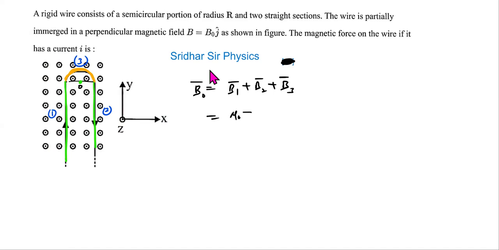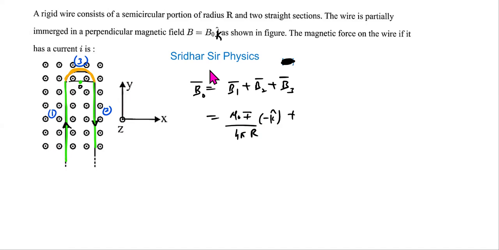B1 bar will be mu naught I over 4 pi R. The magnetic field will be into the plane here, minus K cap. This one will be K cap.